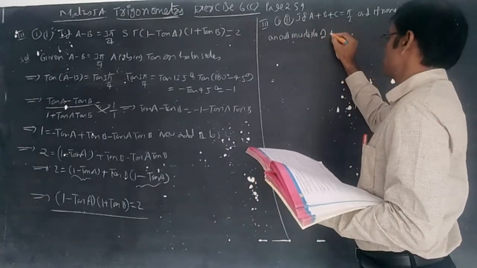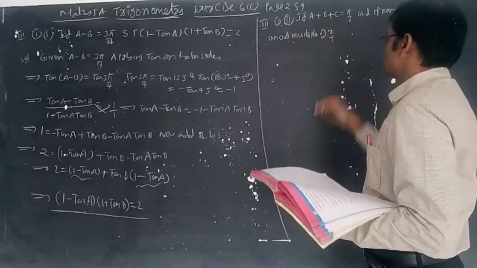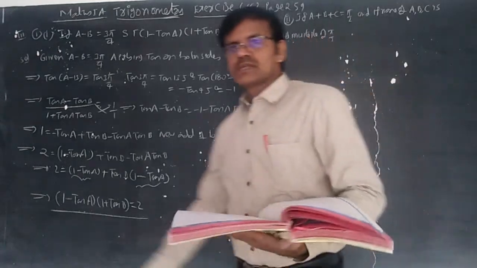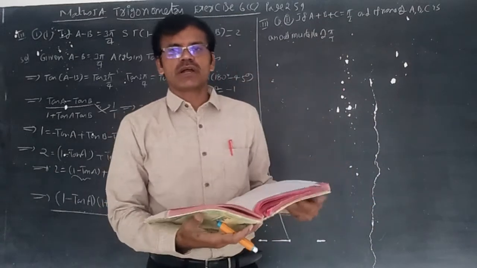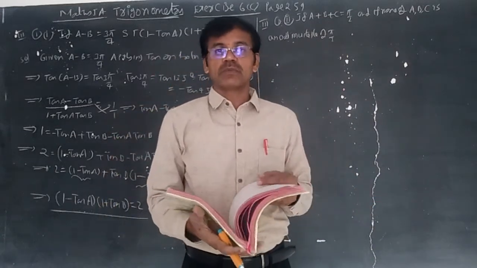That means a is not an odd multiple of pi by 2, b is not an odd multiple of pi by 2, c is not an odd multiple of pi by 2.